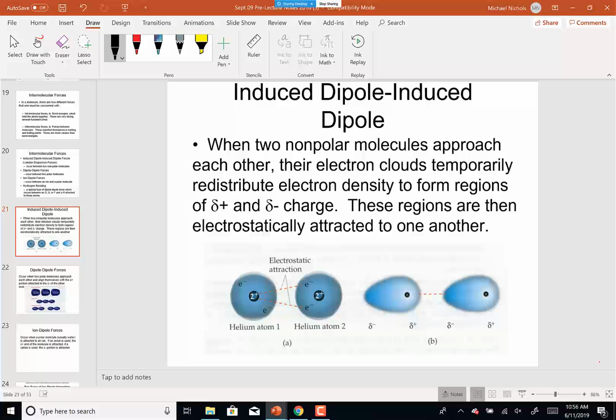But this is not a permanent dipole. So they'll create just a fleeting charge difference to hold them together. That means it's pretty weak.